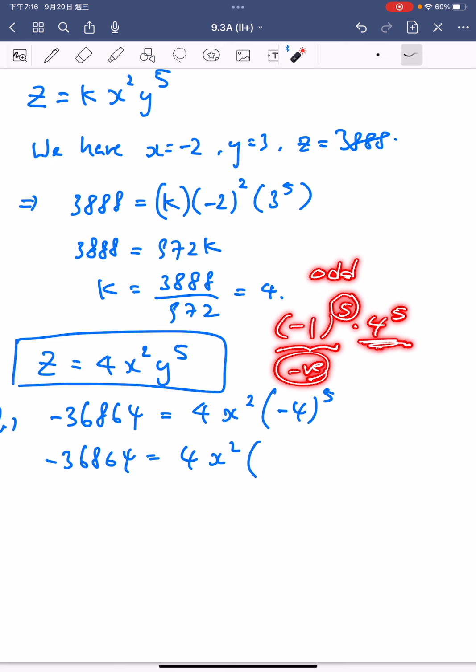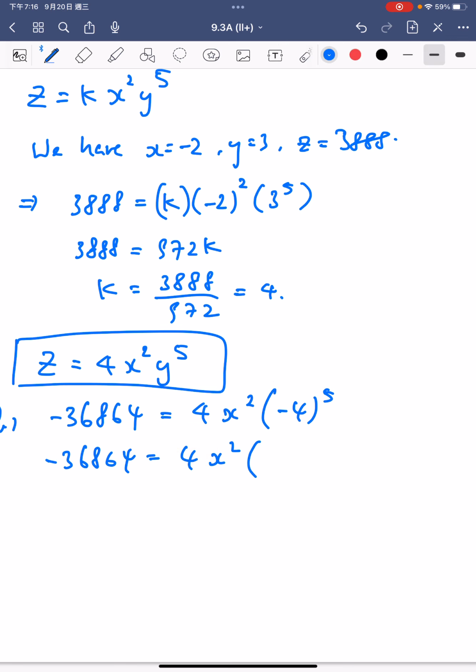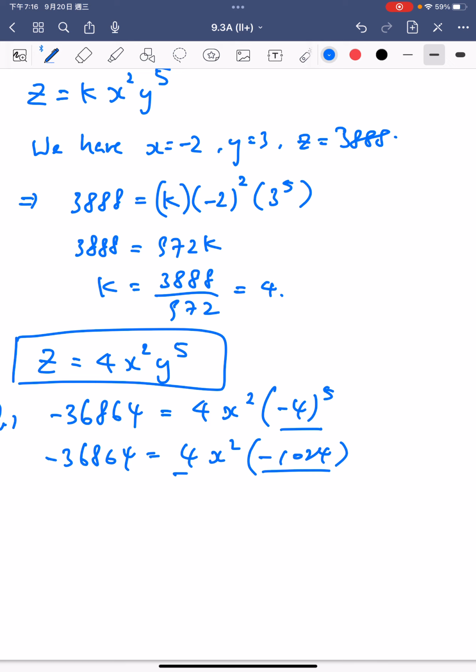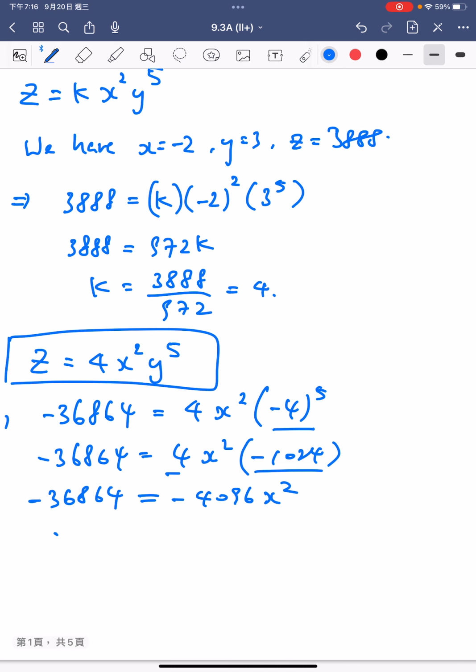So 4 to the power of 5 will give you -1024. If you multiply these two together, then we have -36,864 is equal to -4096 x squared. Just using a calculator, you can get x squared is actually equal to 9.